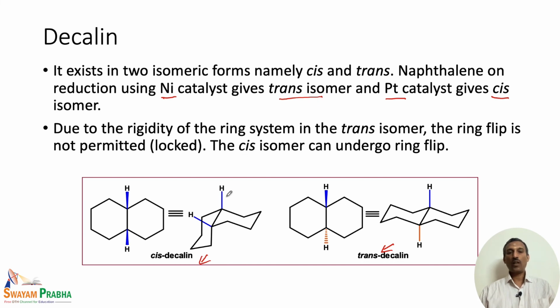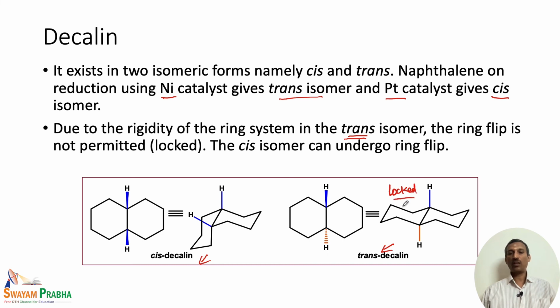And the stability of these two isomers is quite different. The rigidity of the ring system present in the trans isomer prevents the ring flip from happening. So it is a locked conformation, and this is the more stable one.